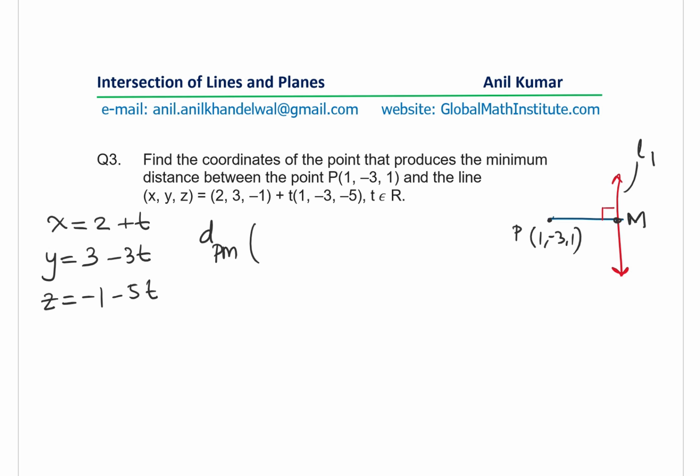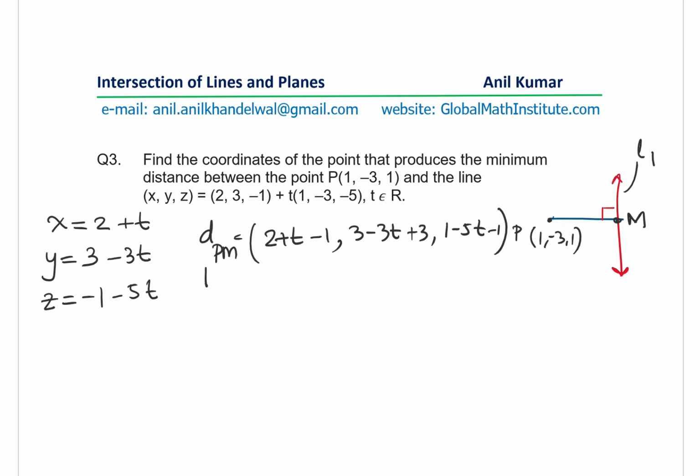So either way you could write. We have this point, and the point is (1, -3, 1). So we'll do 2 + t - 1, right? This is the x value difference. Y value is 3 - 3t, minus minus becomes plus 3. And the z value is -1 - 5t, minus 1. Okay, so that becomes the direction. Let's simplify this.